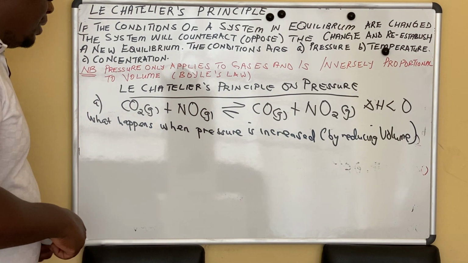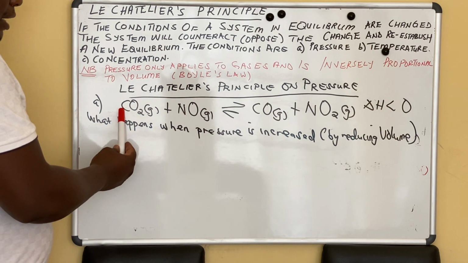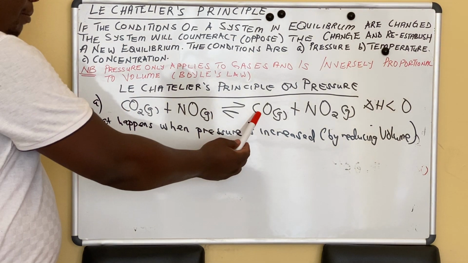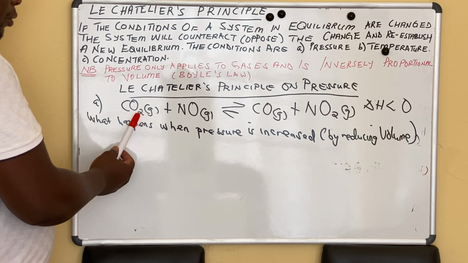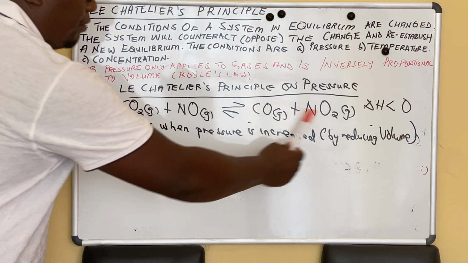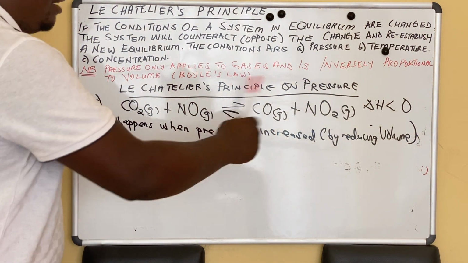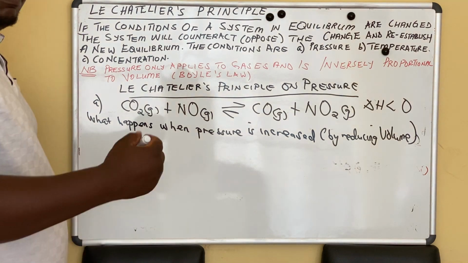Here, I have one carbon on the left hand side, one carbon on the right hand side. I have 2 plus 1, which is 3 oxygens on the left hand side, and then 3 oxygens on the right hand side. Is it okay? I have one nitrogen, I have one nitrogen. So my equation is already balanced.